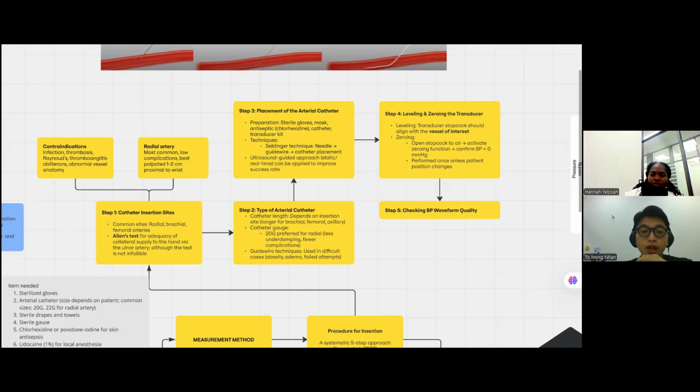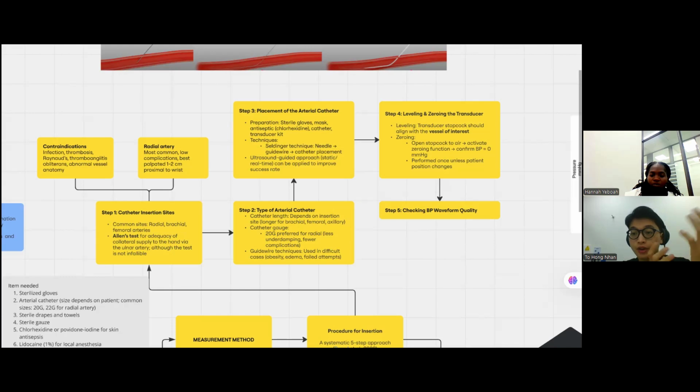In ABP monitoring, the guide wire is usually used in certain difficult patients, like patients having edema, obesity, or having a failed attempt before. So after determining the catheter insertion site and the type of material, we are going to try to understand how we can fixate this arterial catheter.